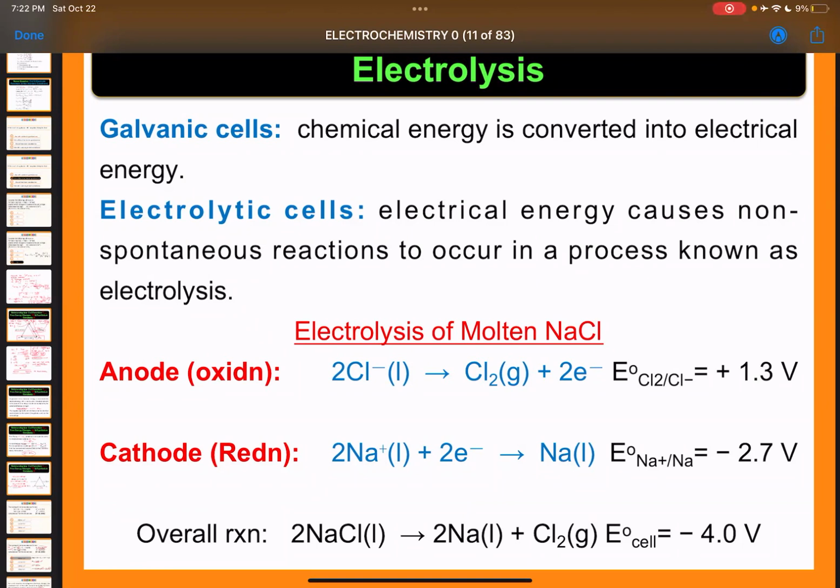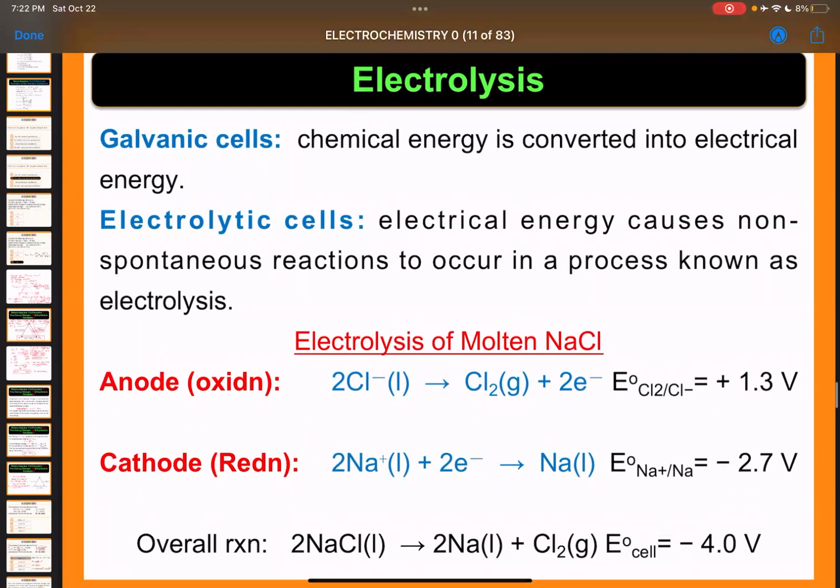Electrochemical cell, the reactions were happening on their own. Okay. The reactions were occurring on their own. Clear? And we were getting the EMF, EMF we were getting as positive. Okay, we were getting the positive EMF values.